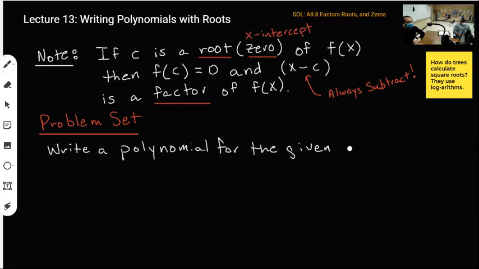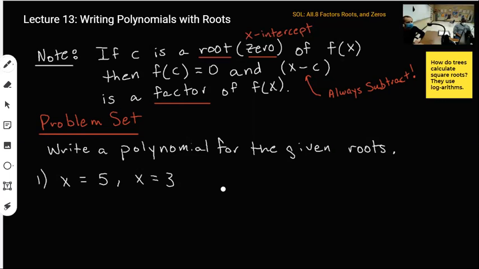And I'll always give you 2 roots to start you off. Okay, so number 1 says x equals 5 and x equals 3. So these are going to be my 2 roots, right? Now, we know that 5 and 3 are going to be roots for this polynomial.